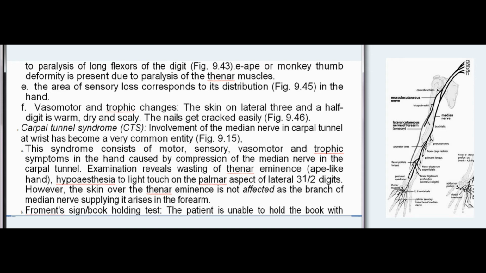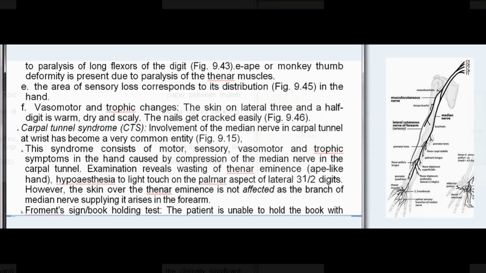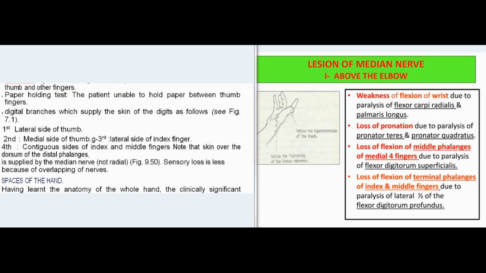However, the skin over the thenar eminence is not affected as the branch of the median nerve supplying it arises in the forearm. Froment's sign/book holding test: the patient is unable to hold the book with thumb and other fingers. Paper holding test: the patient is unable to hold paper between thumb and fingers.